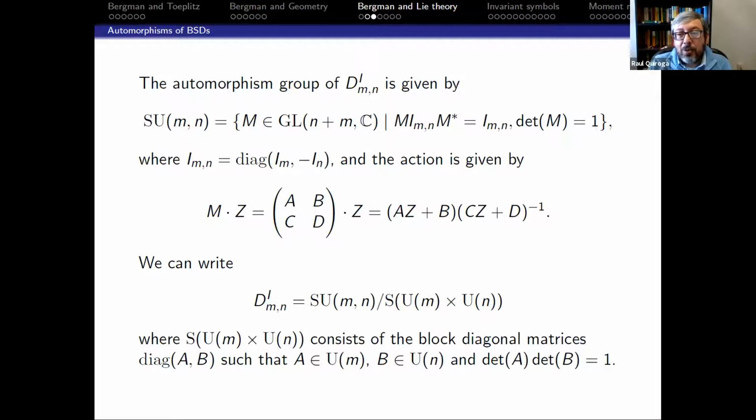That's what you have to do. The problem is always with the maximal compact subgroup. For example, SU11 is equivalent to SL2R via the upper half plane. SL2R is homotopic, is actually homeomorphic to a cone times a circle. And you have to unravel this circle.